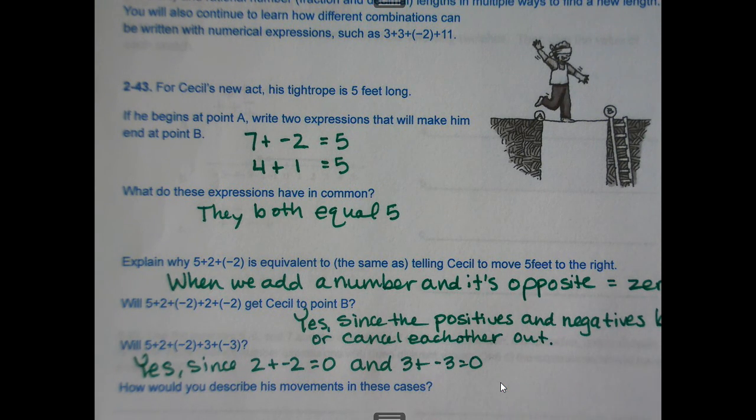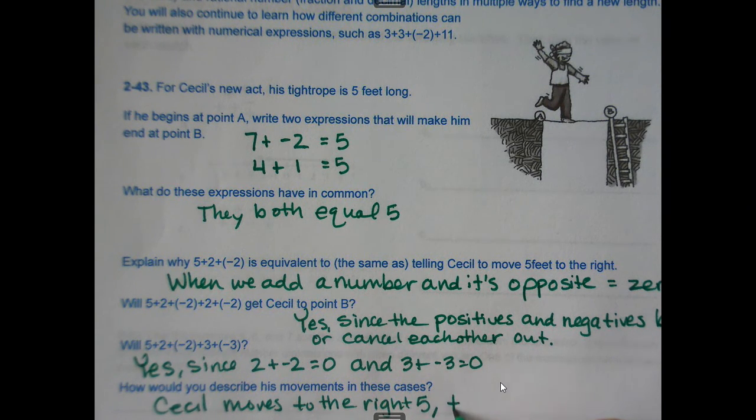How would you describe his movement? I would say that Cecil moves to the right 5, then 2 more to the right, and then 2 to the left.